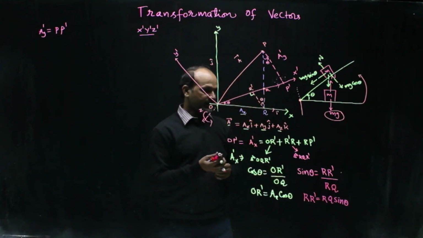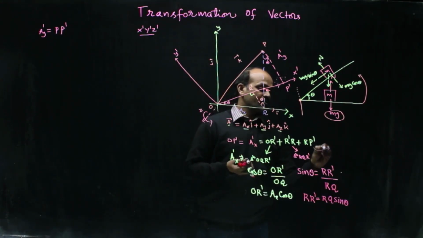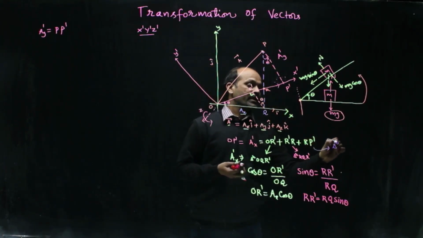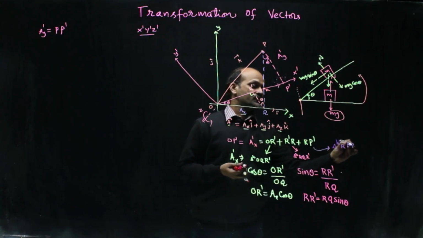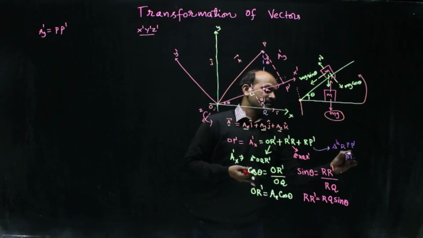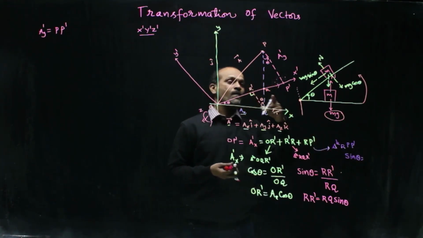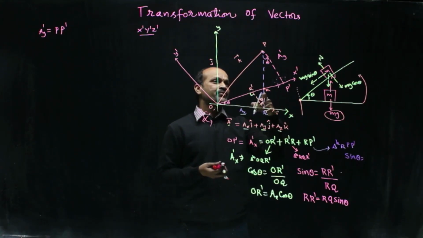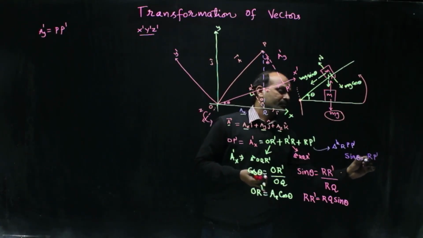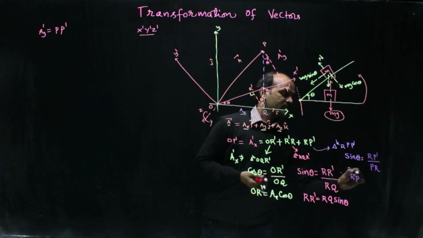How can we get RP dash? RP dash can be obtained from the triangle RPP dash. RP dash is the opposite side, so again take sin theta in the triangle. Sin theta is equal to opposite RP dash by the hypotenuse. This is normal, so the hypotenuse should be PR. RP dash by PR.